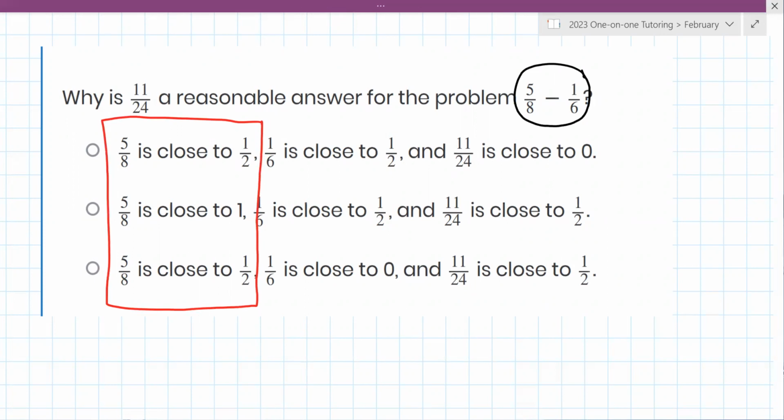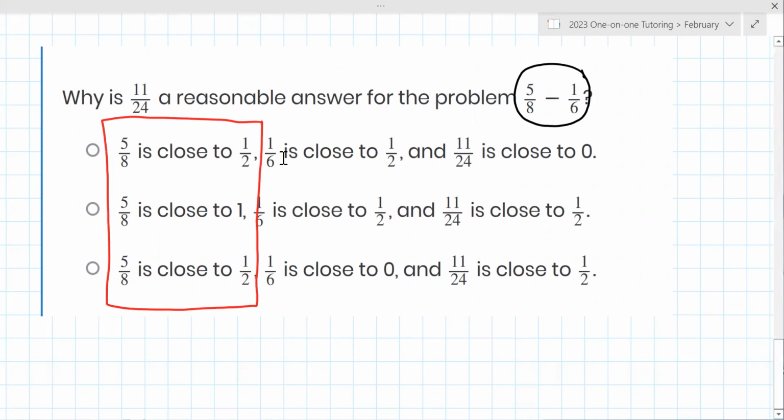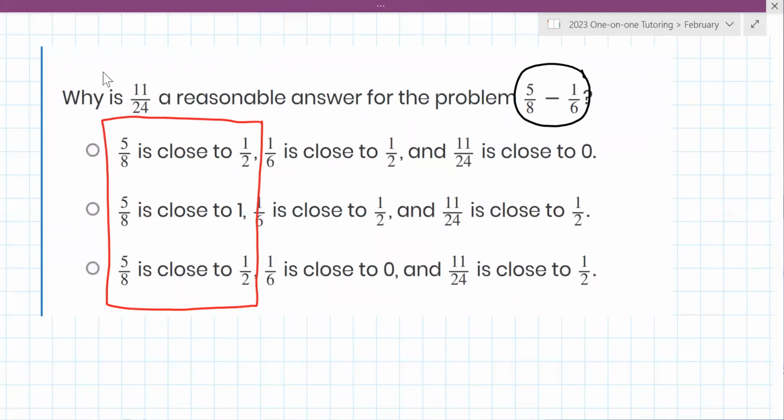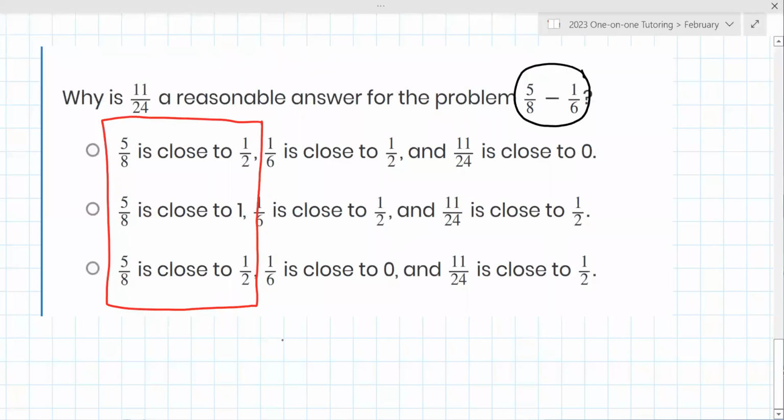Is 5/8 close to 1/2, or is it close to 1? And if you're not sure, I can draw a number line here. 0, 1, 2, 3, 4, 5, 6, 7, 8.